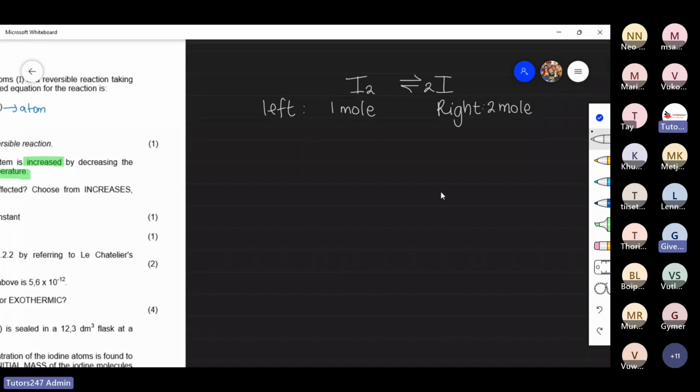If our pressure was increased, we now need to decrease pressure. So we're going to favor the reaction that tends to the lesser number of moles. We would favor the reverse reaction. Keep that in mind, it's important.